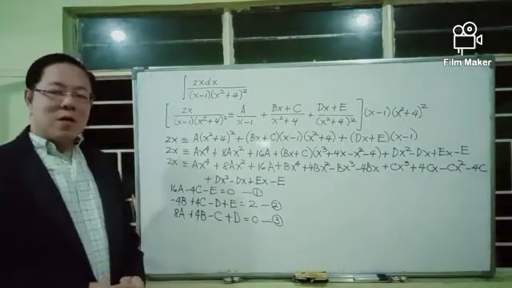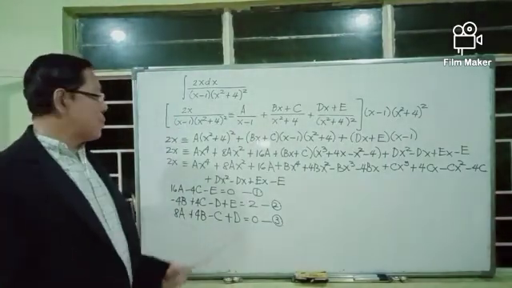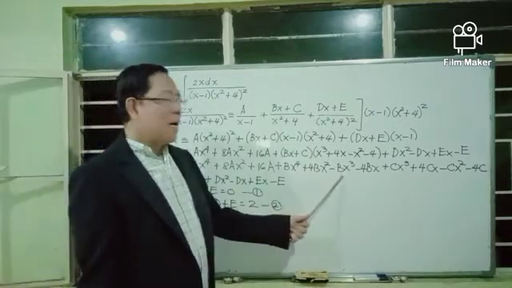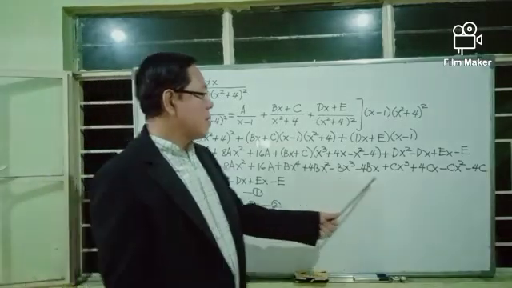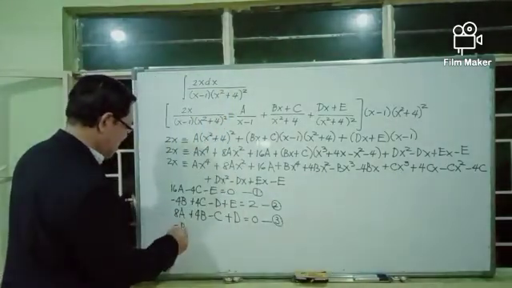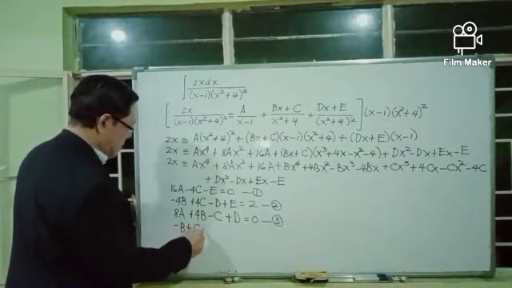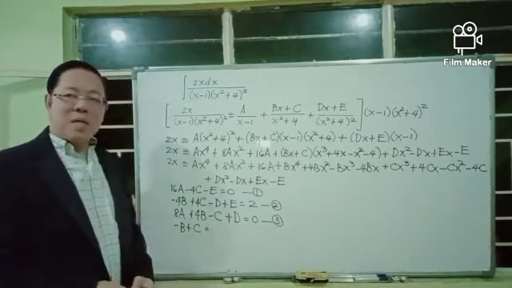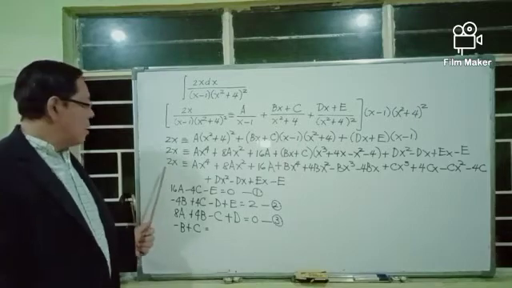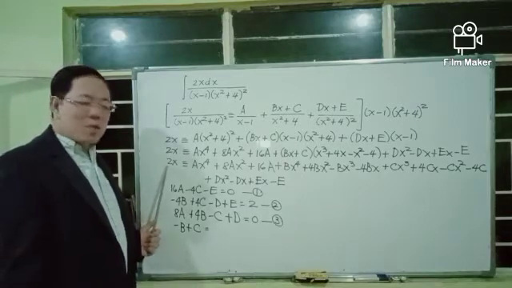Now we consider the coefficients of x cubed. We have minus b plus c. Minus b plus c is equal to coefficient of x cubed at the left hand side, but the left hand side has no x cubed.